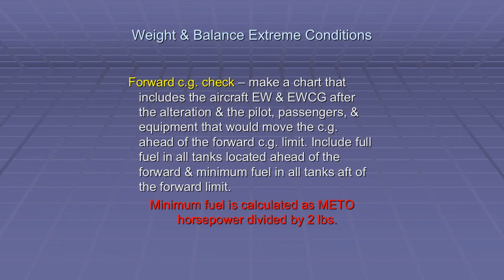There must always be a pilot in the pilot seat, and fuel tanks behind the forward limit must be filled to the minimum fuel level. If when loaded in this manner, the aircraft's center of gravity remains behind its forward center of gravity limit, the aircraft is said to have passed its forward extreme condition check.